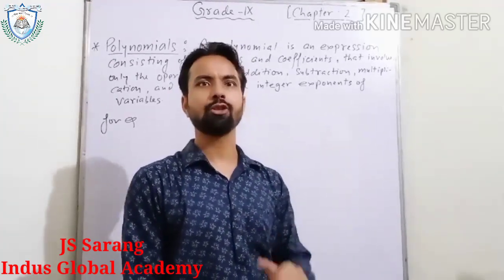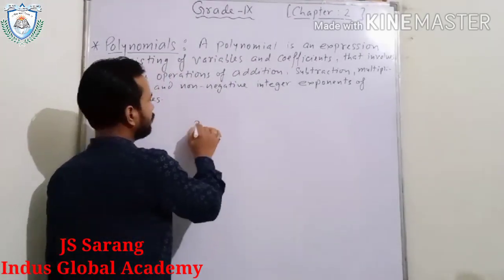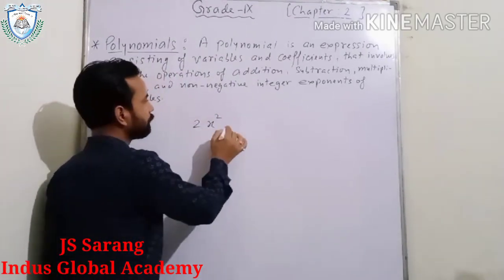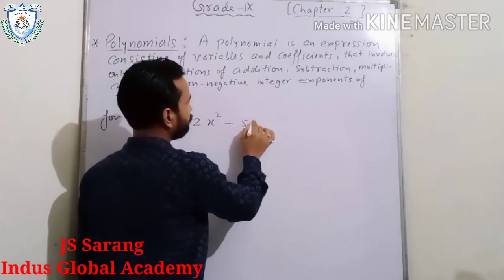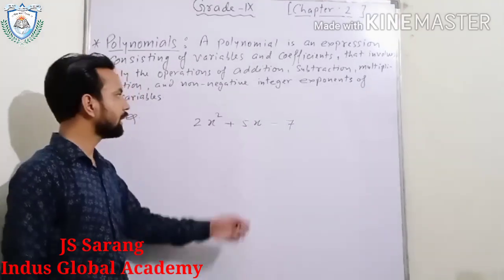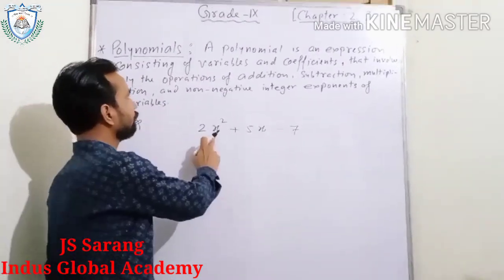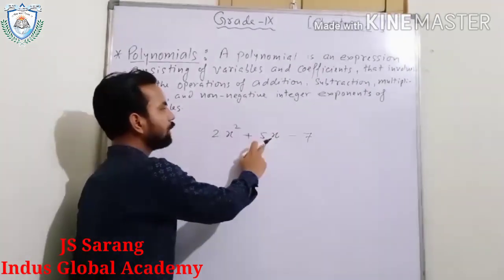These are the points which you have to keep in your mind. For example, 2x square plus 5x minus 7.